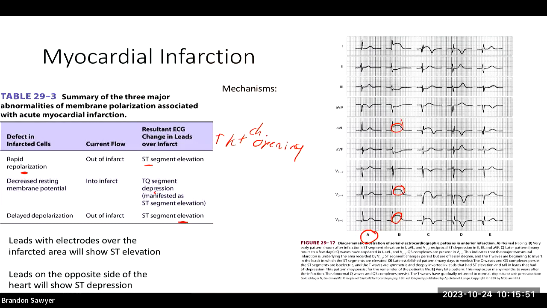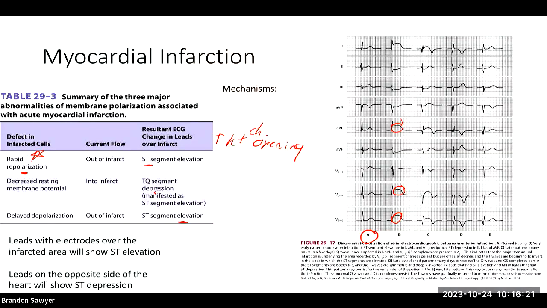Okay, so those cells are lacking oxygen. That's leading to extra and more rapid opening of potassium channels. Okay, and that is seen as that ST segment elevation, because we're getting this rapid repolarization. So our heart cells are depolarizing, but then they're repolarizing much quicker than they normally do because we have extra opening of potassium channels. Okay, so that's kind of the first one.